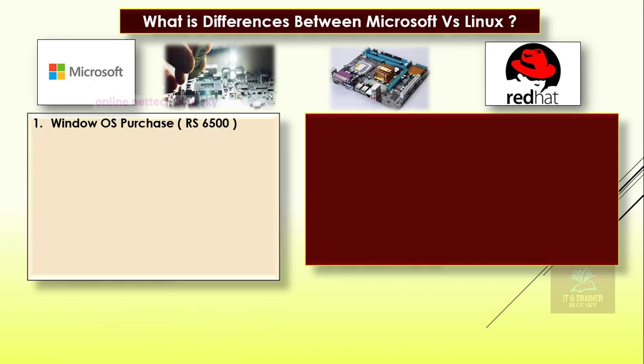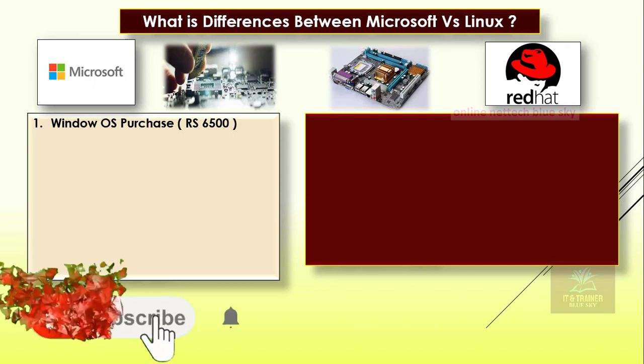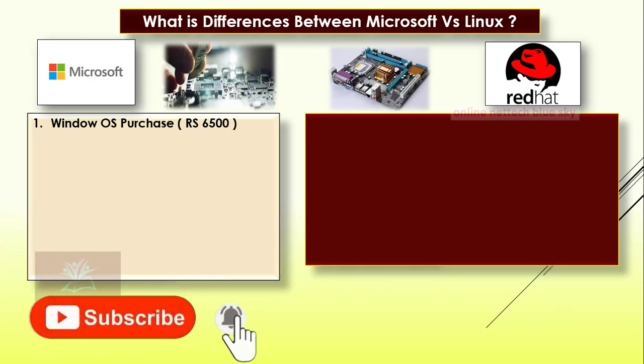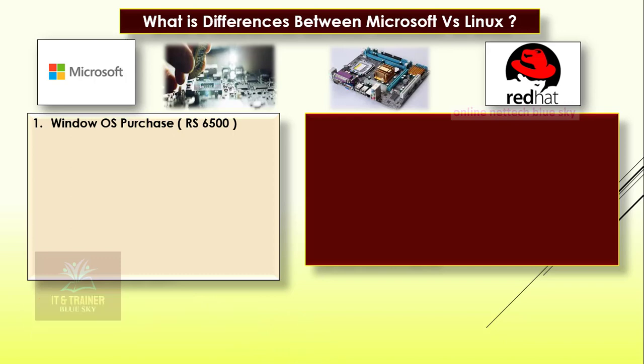This is true for any version: Windows XP, Vista, 7, 8, 8.1, Windows 10. It is not free, because you must first purchase it and get a license key. Without a license key your operating system is not activated.